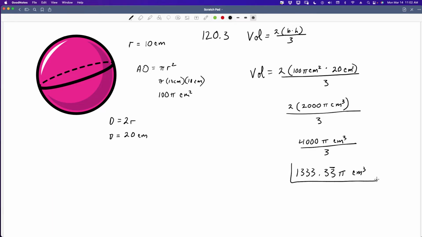And that is the answer for the volume of this sphere. If you cannot make the little repeating symbol, just write the repeating decimal twice, and I will know that's what that is. All right.